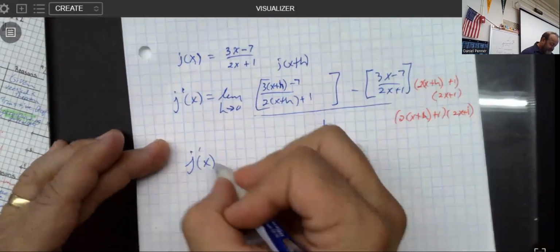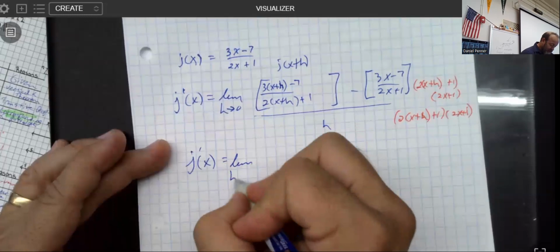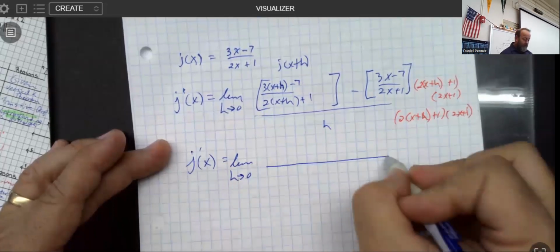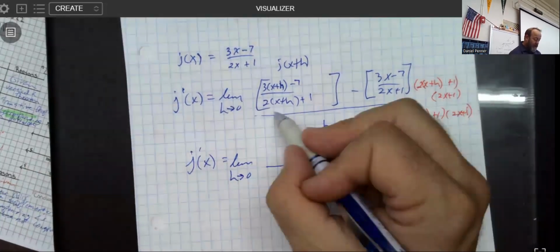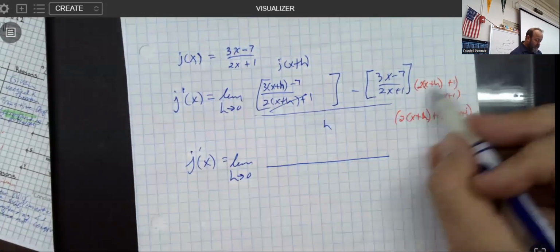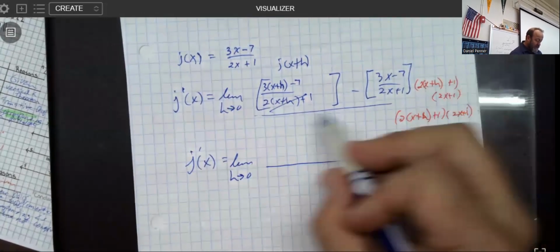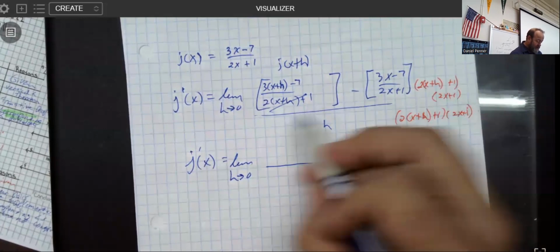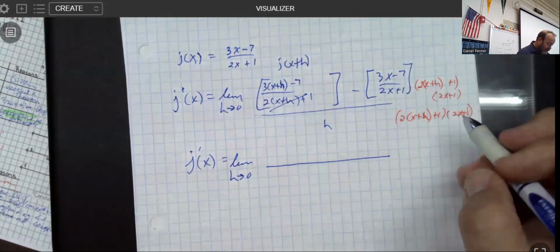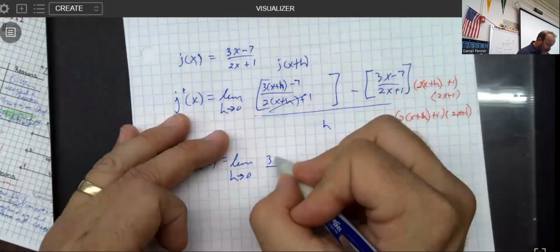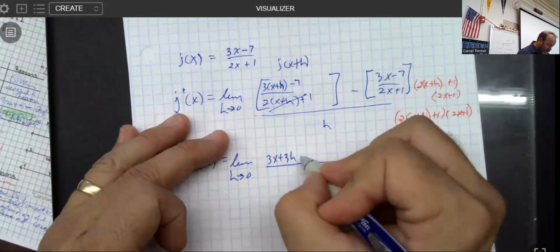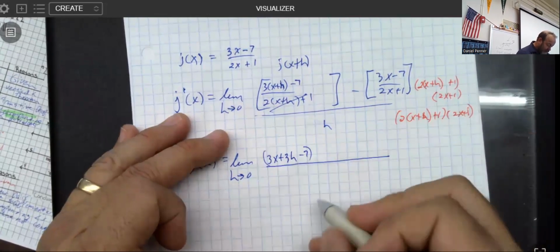So let's do j prime. It is still the limit, but this portion right here would cancel all of this right here. And so what we have is our 3x plus 3h minus 7 being multiplied by 2x plus 1.